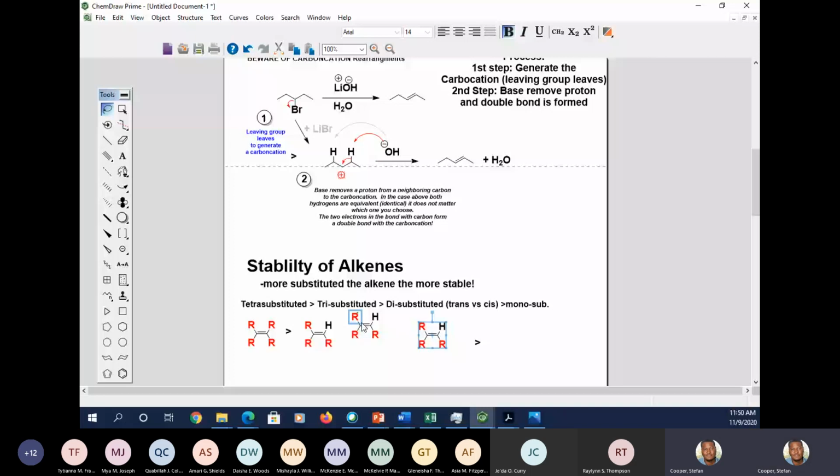All right, in this case here now, I have a di-substituted because I only have 2 R groups attached to my double bond. And you can also indirectly count the number of carbons.